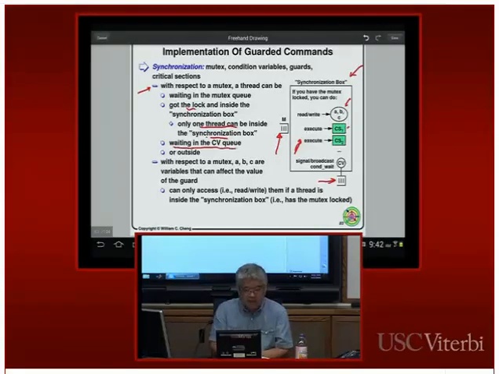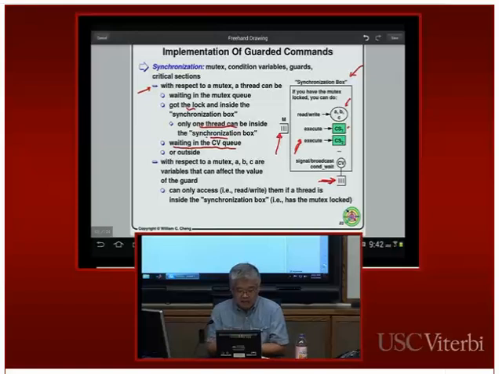I drew this picture so that the condition variable queue is outside of the synchronization box, because when you are in the condition variable queue, you are not in the synchronization box. There could be many threads queued up over here. And if it's not here, not here, not here, then it's outside somewhere doing something else. So a thread can only be in one of these 4 places.